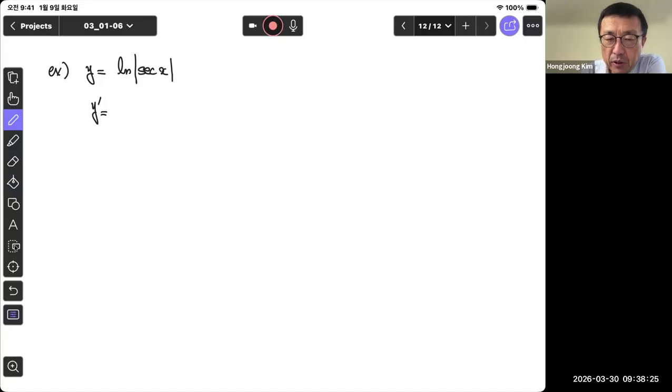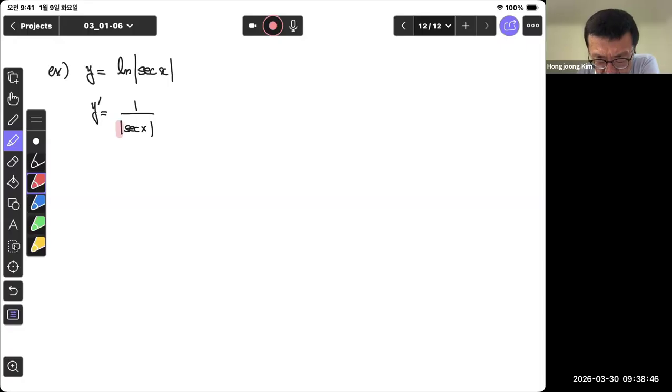So when I differentiate the outer function, I get the reciprocal function, and that reciprocal function must be evaluated at the inner function. So you get 1 over the absolute value of secant x.